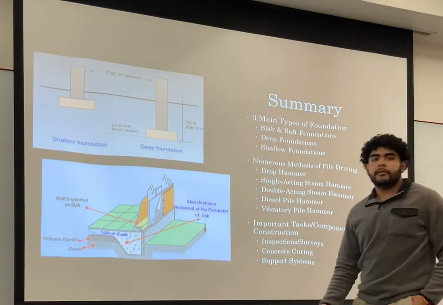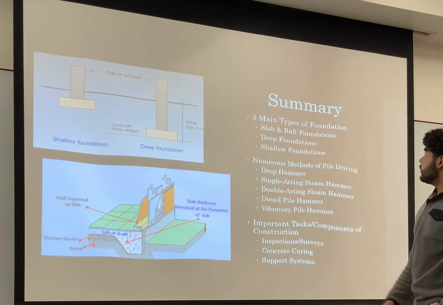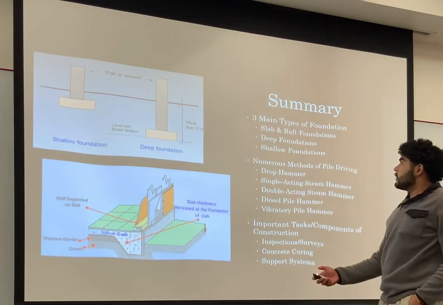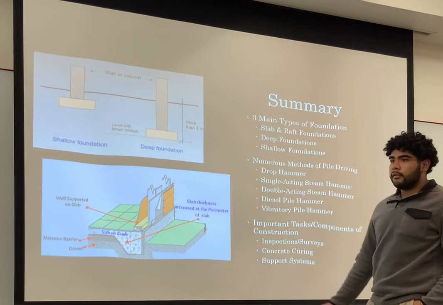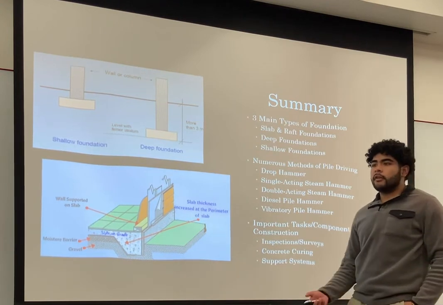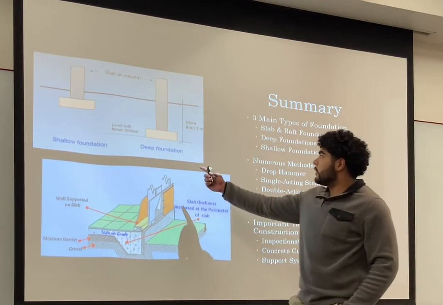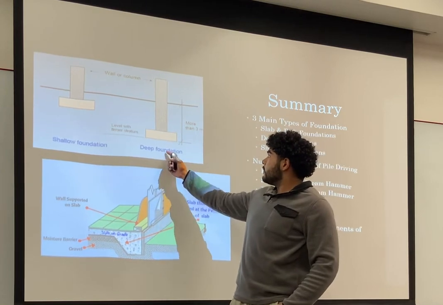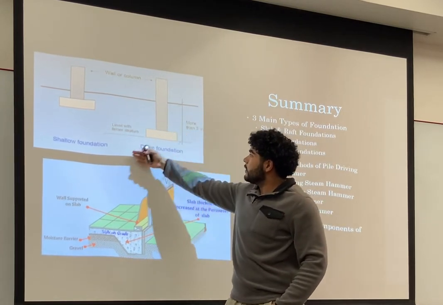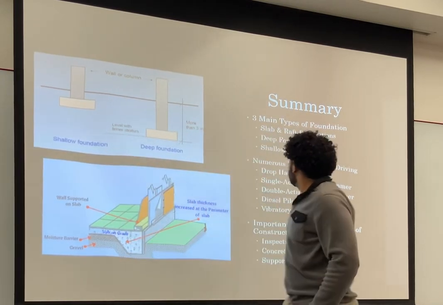To summarize the presentation, there are 3 main types of foundation: slab and raft foundations, deep foundations, and shallow foundations. And you can see we have an example picture of deep foundations and shallow foundations.